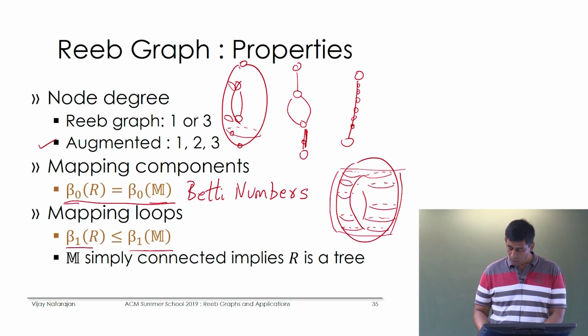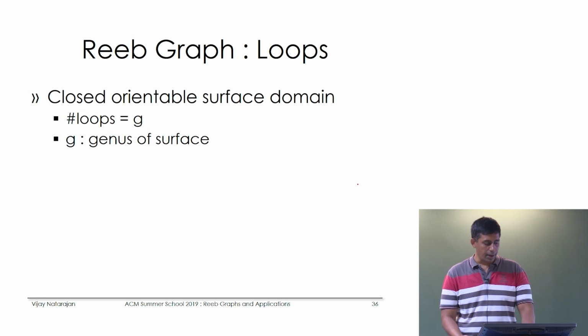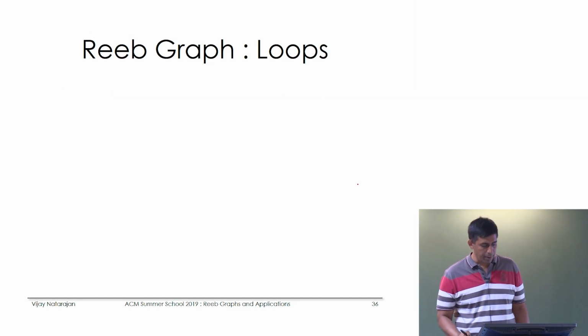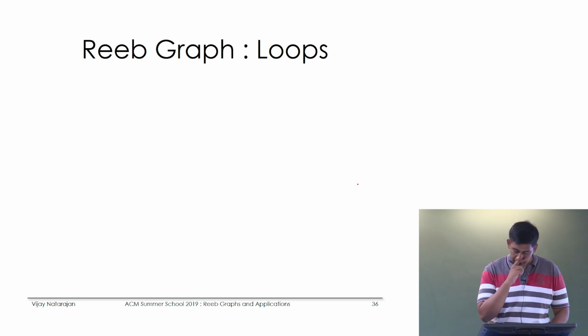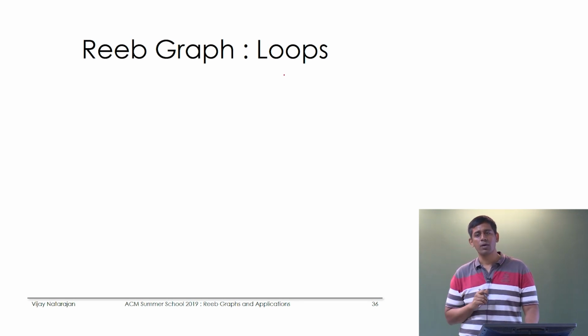Now, it turns out that for 2D, the argument holds both ways. So let us look at it this way. This is the result that we want to see, but maybe we'll try to write it. How many nodes do you have in the Reeb graph?